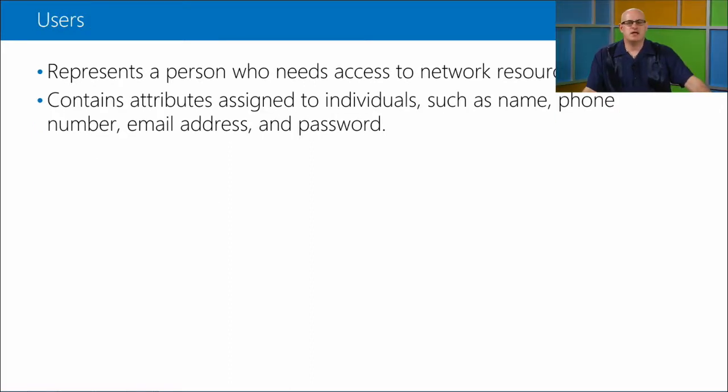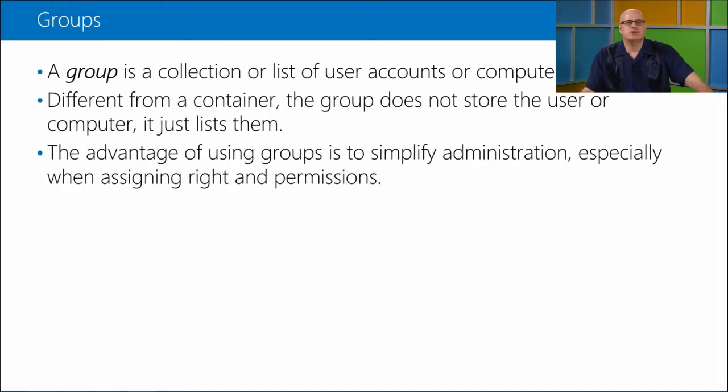Users. A user represents a person who needs access to network resources, and contains attributes assigned to individuals, as I mentioned: name, phone number, email address, password. Well timed. Groups. A group is a collection or list of user accounts and computers. They're different from a container.